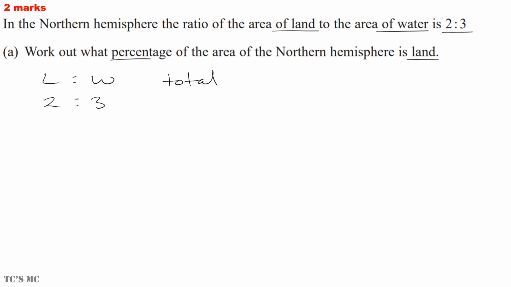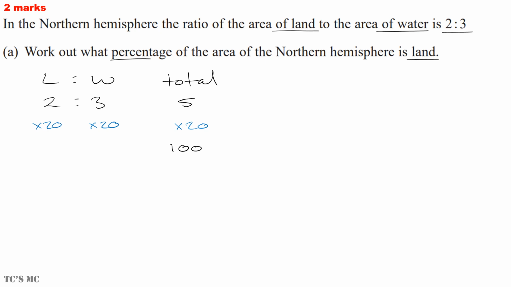Total parts here is 5. Because we are converting to a percentage, our total will be 100. Remember, percentage is always out of 100. To go from 5 to 100, we need to multiply by 20. Do that to all the parts. Now we have 1 mark.